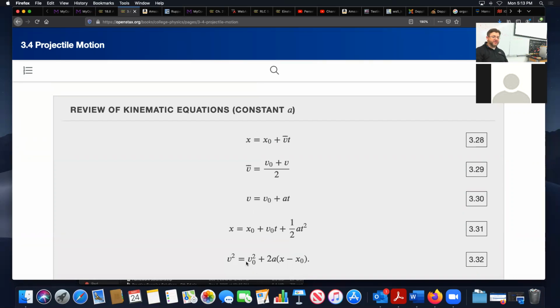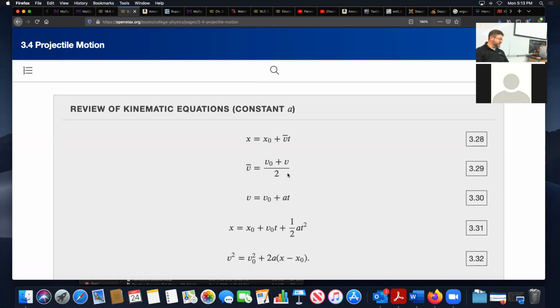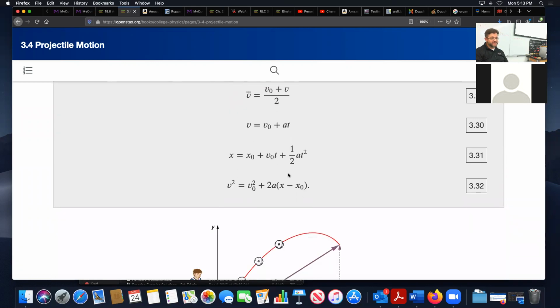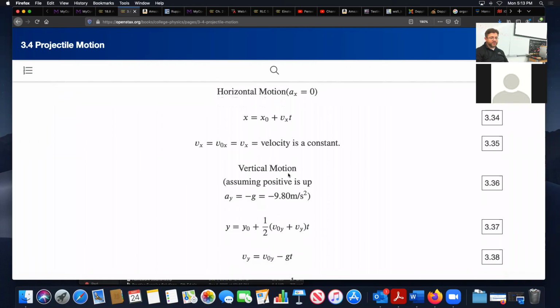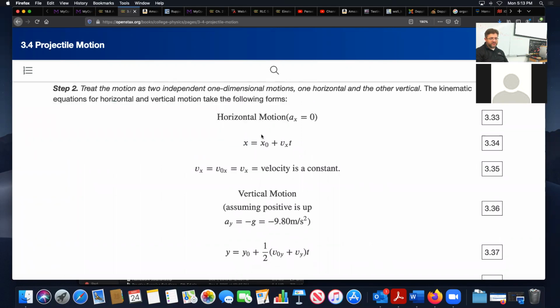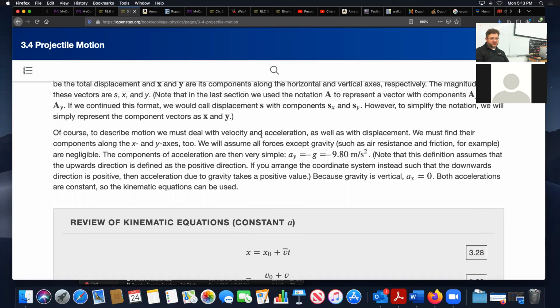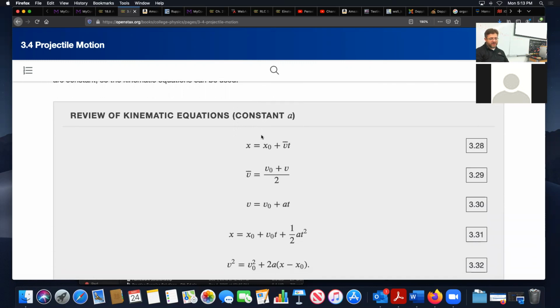So we end up with only two equations, or you could say maybe three, but really just two equations in the x direction when we're dealing with projectile motion that has no acceleration in the x direction. So these are the equations we end up with. The two equations in the x direction, this one and the average, well, even this one goes away because you don't have changing velocity.